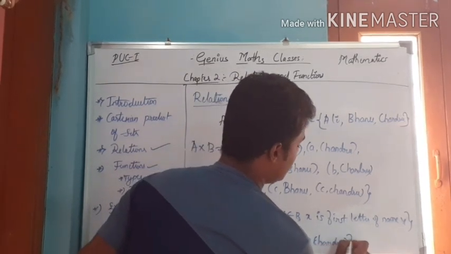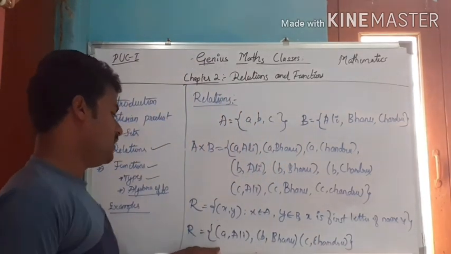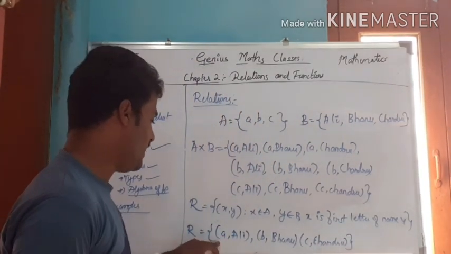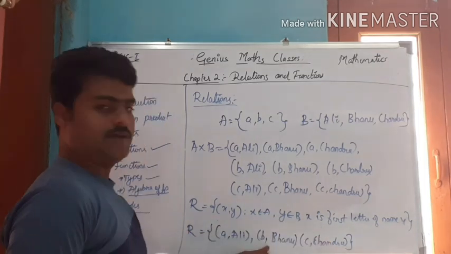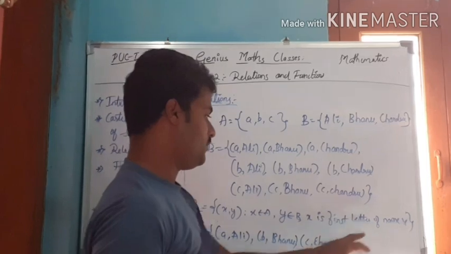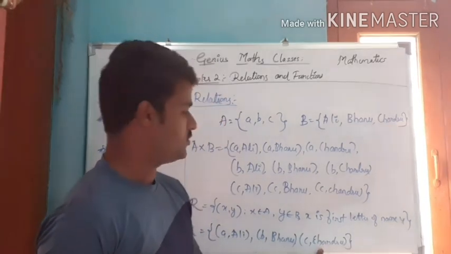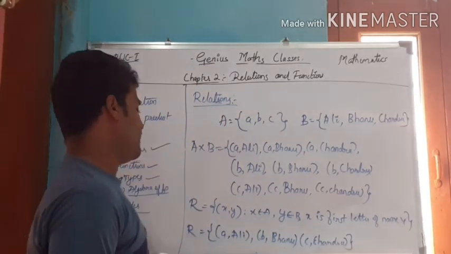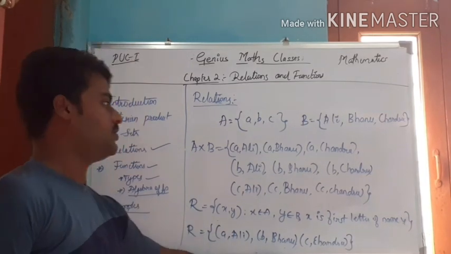A is the first letter of the name Ali, B is the first letter of the name Banu, C is the first letter of the name Chandru. These are the only three possibilities, and this is called a relation.